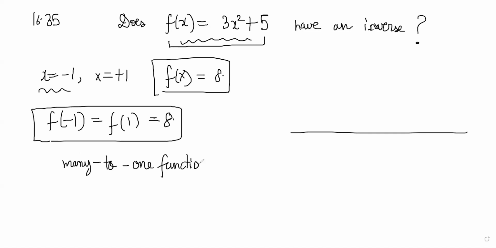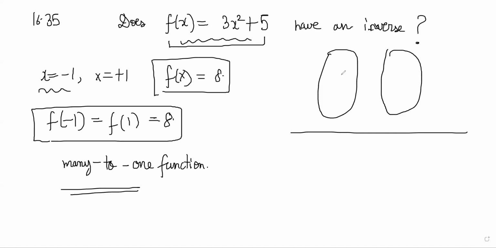Have you heard of this term? No, I don't think so. Basically, that means that multiple inputs have the same output. So that's why it is called many-to-one. Okay. Many inputs are giving one output, right?